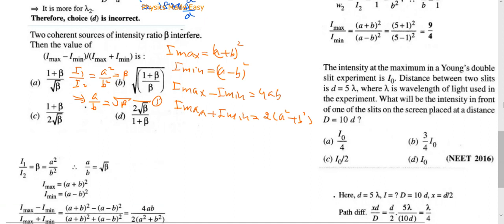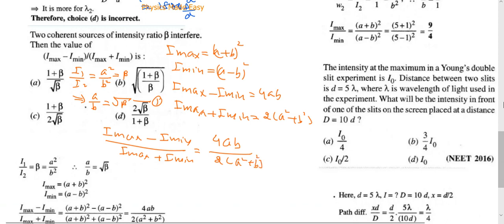Now, I max minus I min divided by I max plus I min. So this is 4AB, twice of A square plus B square. This cancels.